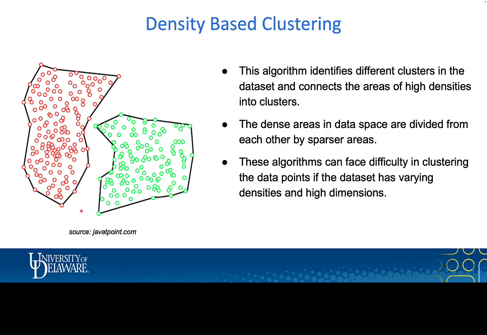The clusters are formed by connecting core points that are density reachable. That means that they can be linked through a chain of nearby core points. These algorithms can face difficulty in clustering the data points if the dataset has varying densities and high dimensions.